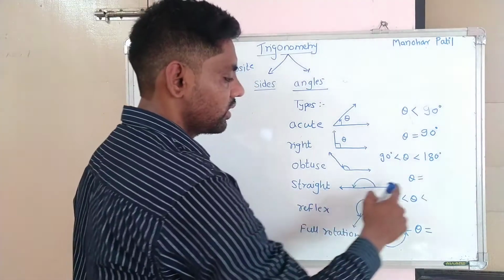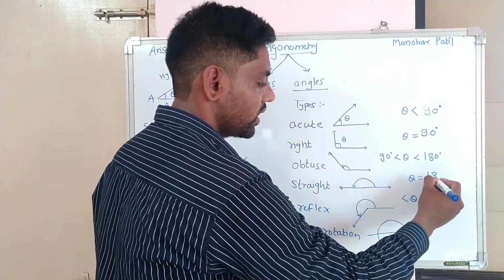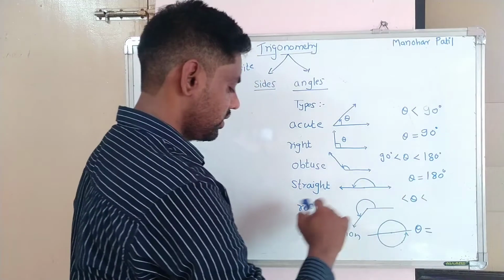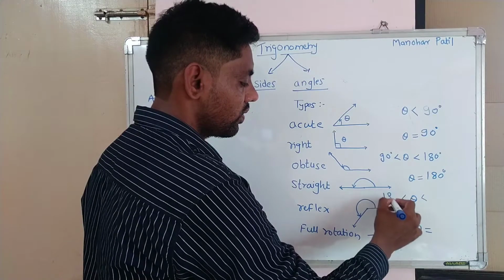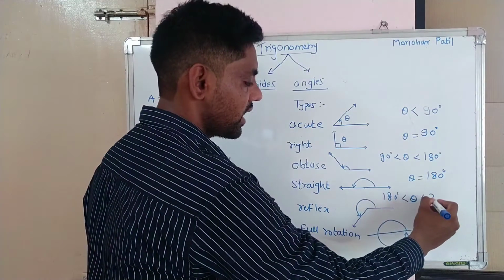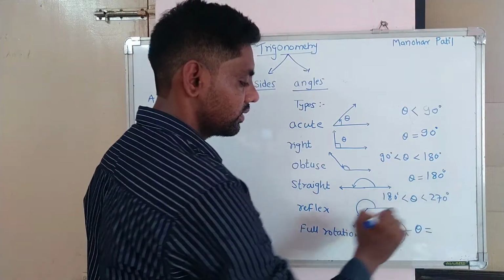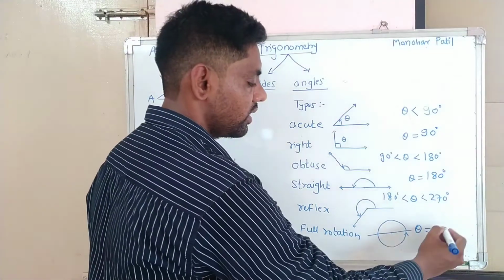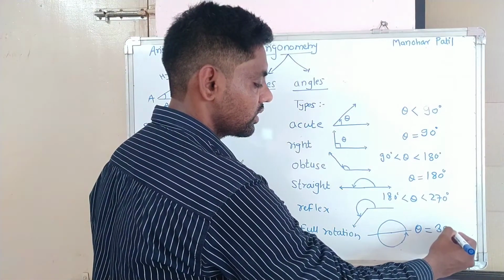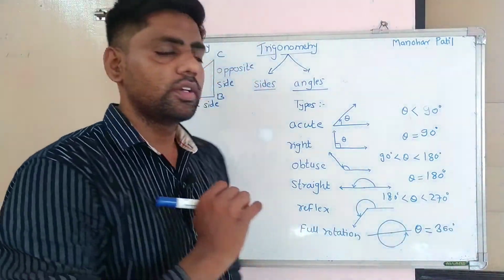For straight angle, the value of theta is equal to 180 degrees. For reflex, the value of theta is greater than 180 degrees and less than 270 degrees, and for full rotation the value of theta is equal to 360 degrees.